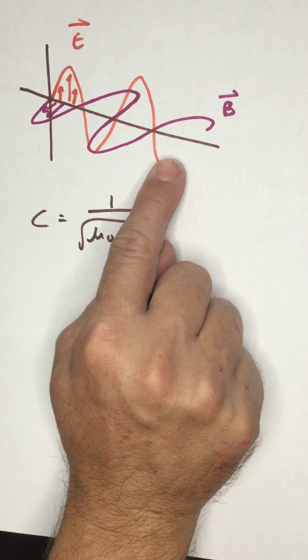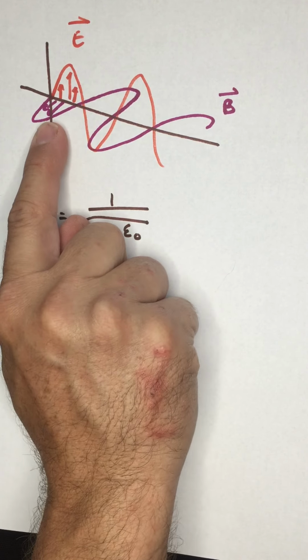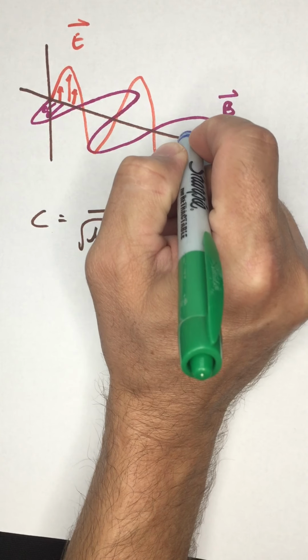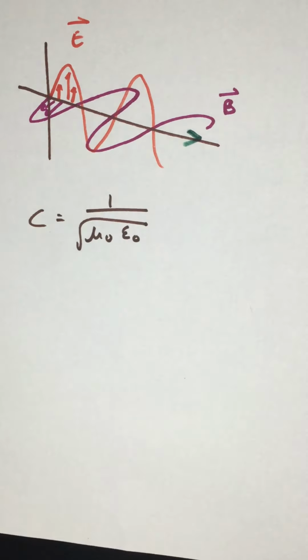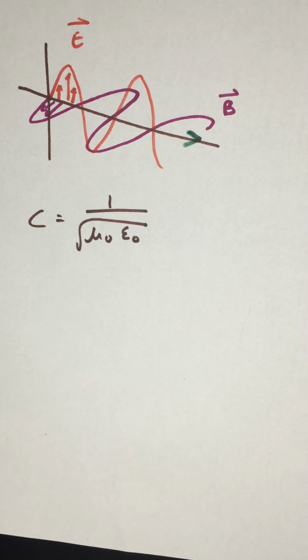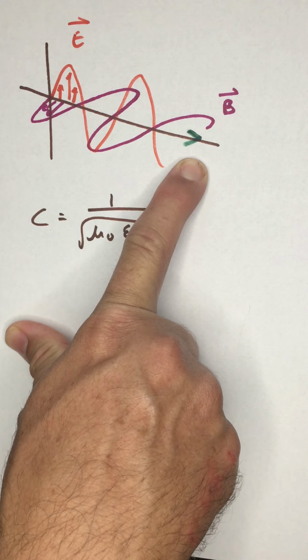But again, being a wave, it is traveling. So we have this E field which is varying in time, this B field which is varying in time, and the wave itself is propagating through space. So the propagation direction is going to be given along this axis. Notice that not only are the E field and the B field perpendicular to each other, they are mutually orthogonal to the propagation direction.